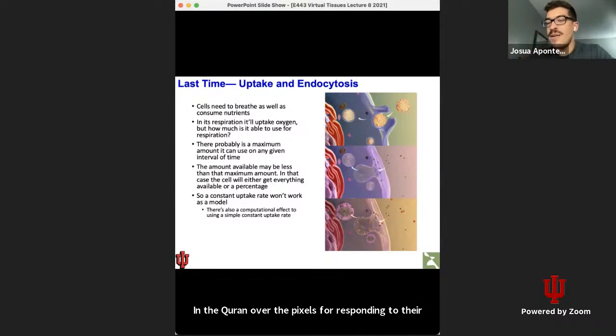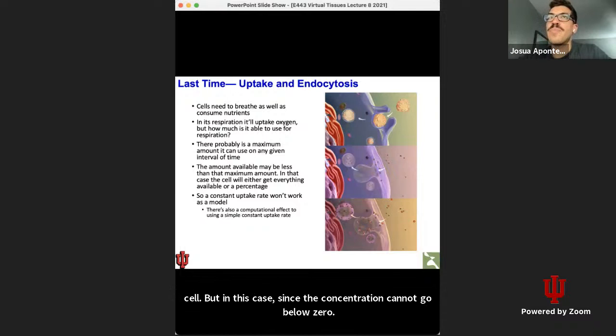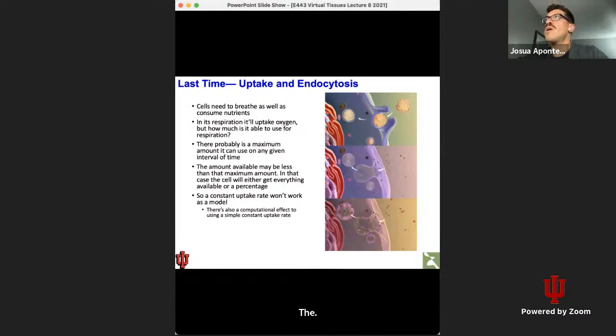But in this case, the concentration cannot go below 0, because the number of molecules outside the cell cannot go negative. So our model of uptake needs to reflect the fact that the concentration cannot go negative in any part of the simulation domain.